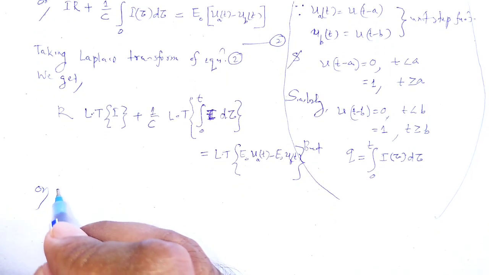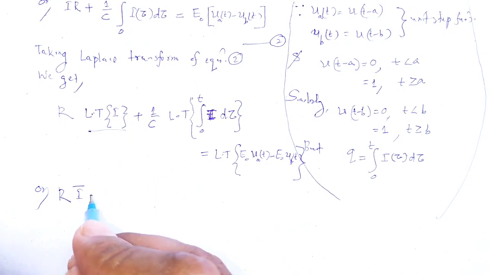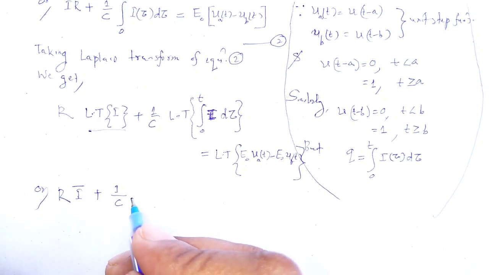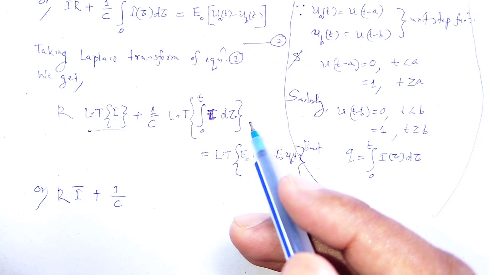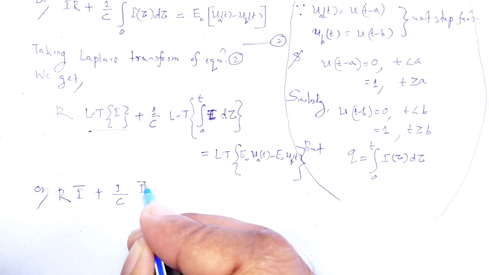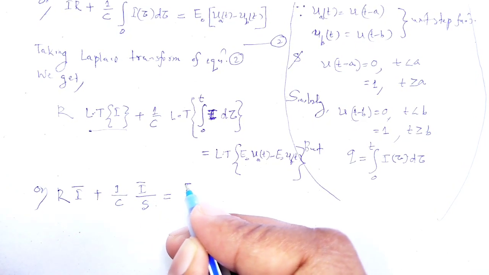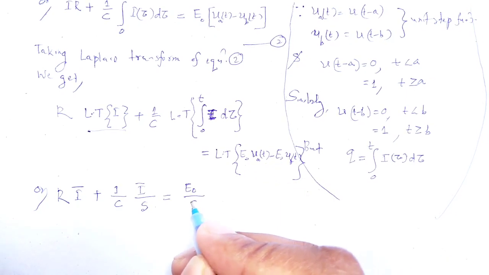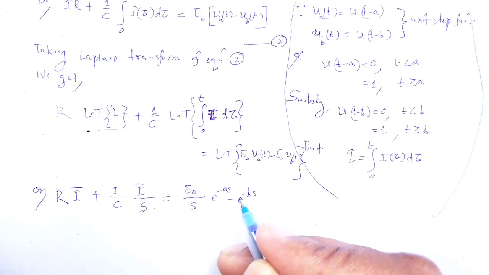So, R Laplace transform of I bar plus 1 by C Laplace transform of that integral. Using the integration of Laplace transform, we have I bar divided by s is equal to E naught times its Laplace transform, e to the power minus as minus e to the power minus bs.